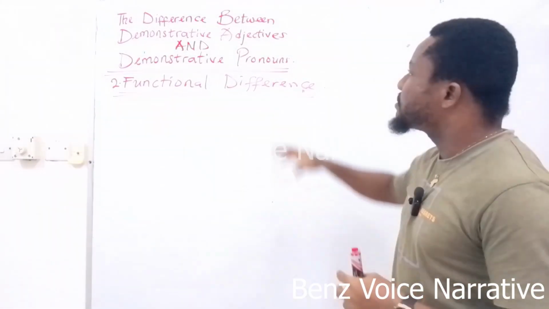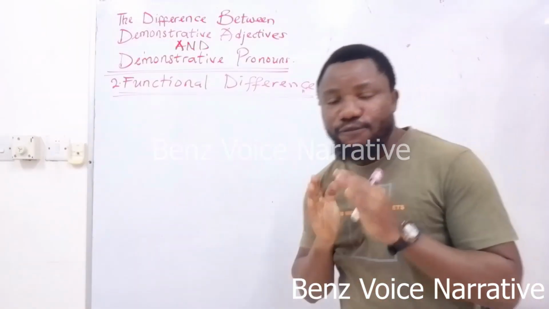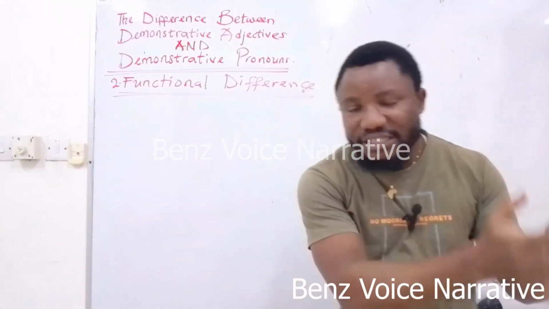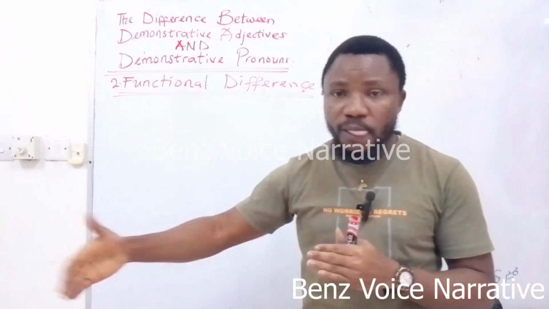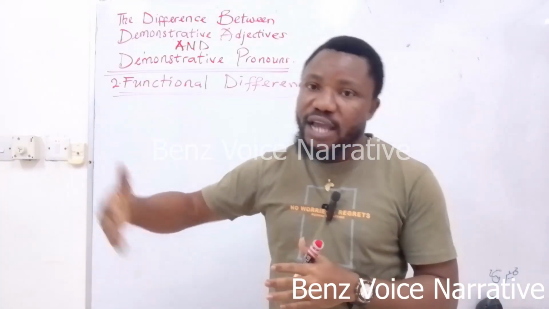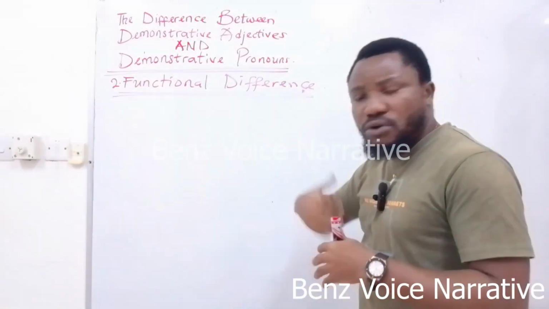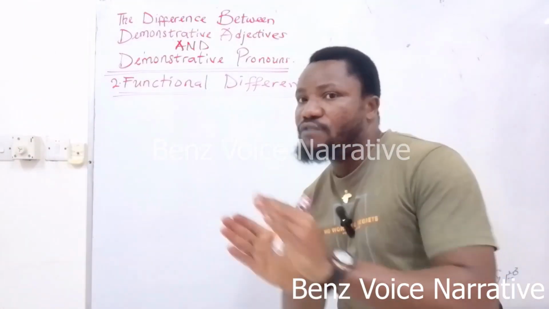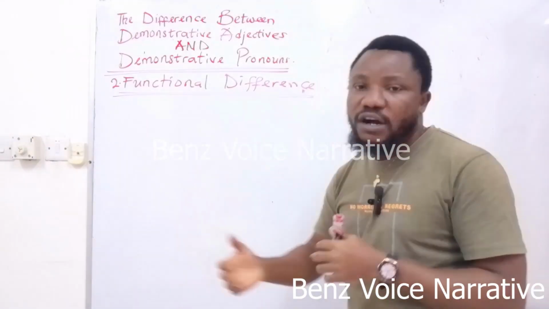In terms of function, the demonstrative adjective only performs the function of an adjective. And what is the function of an adjective? An adjective describes a noun. It modifies a noun. It qualifies a noun. So demonstrative adjectives only perform the function of adjective, which is simply to modify, to qualify a noun.